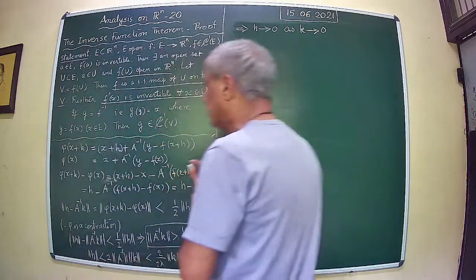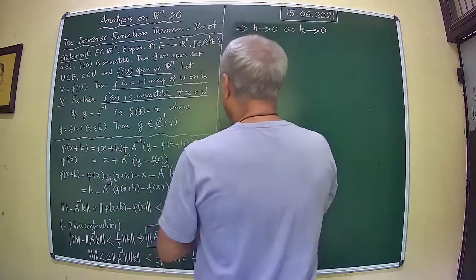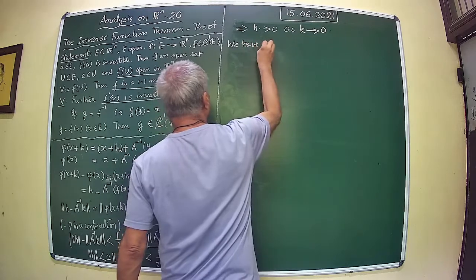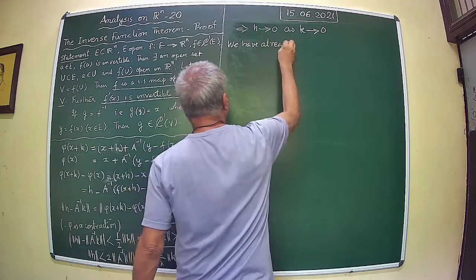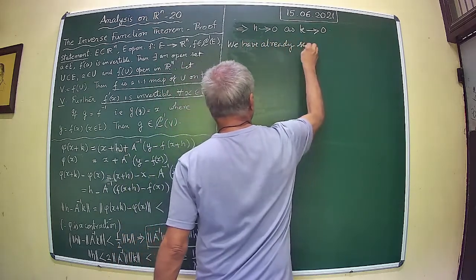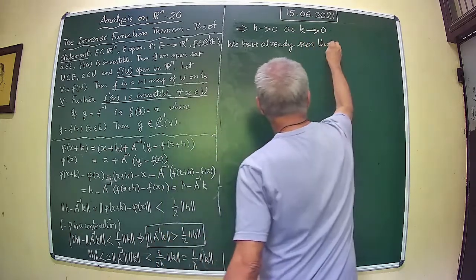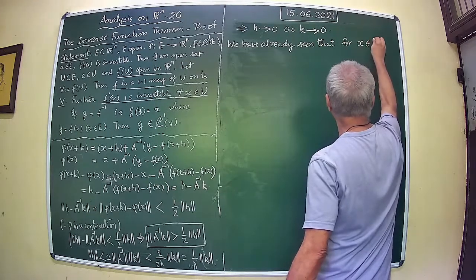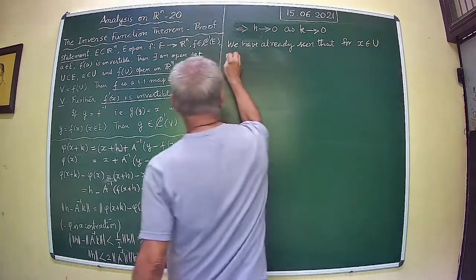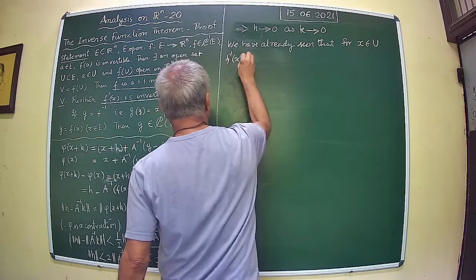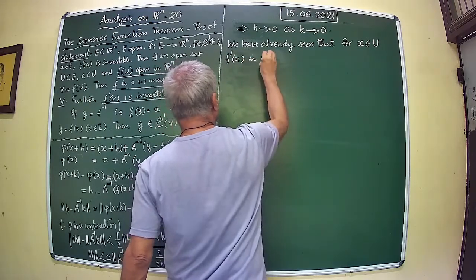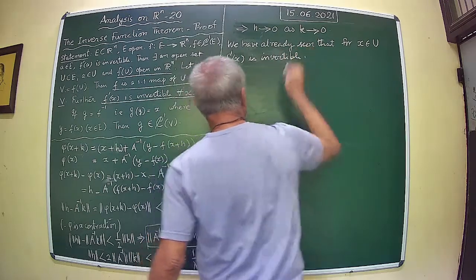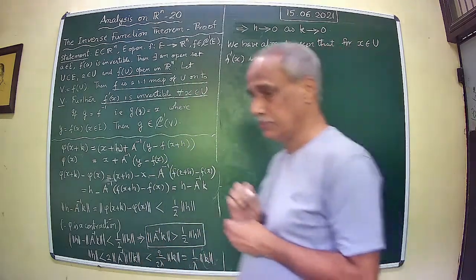Now what we do is, we have already seen that for x belonging to U, derivative of f is invertible.